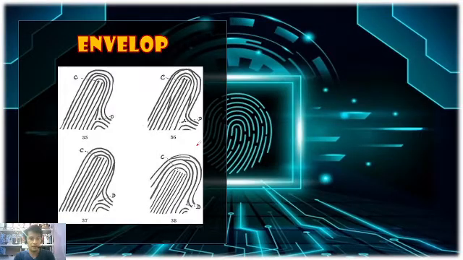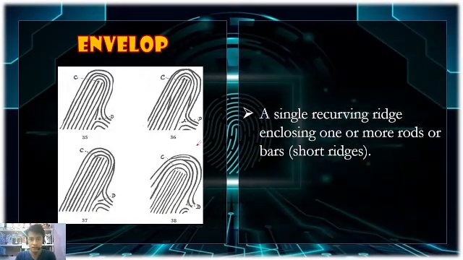And next here, pag sinabing envelope naman, when we say envelope, it is a single recurving ridge enclosing one or more rods or bars or short ridges. So as you can see, asan yung envelope dyan? Okay, ito yung envelope. Bakit? Sabi dyan, it is a single recurving ridge, ibig sabihin yan, almost complete circuit siya.